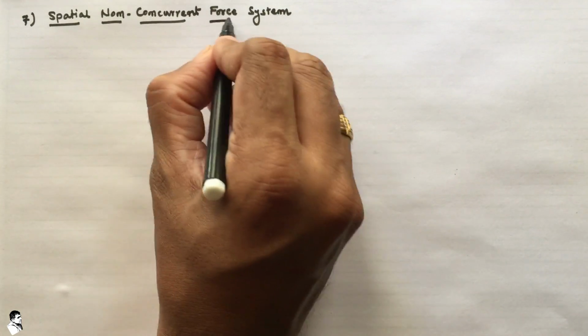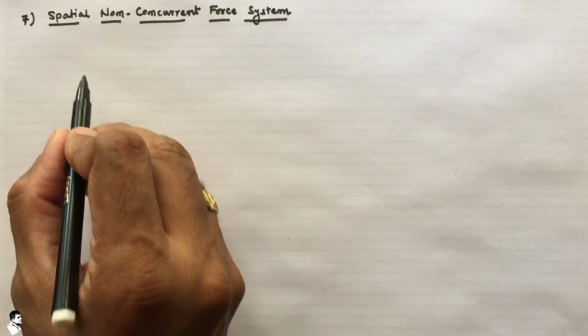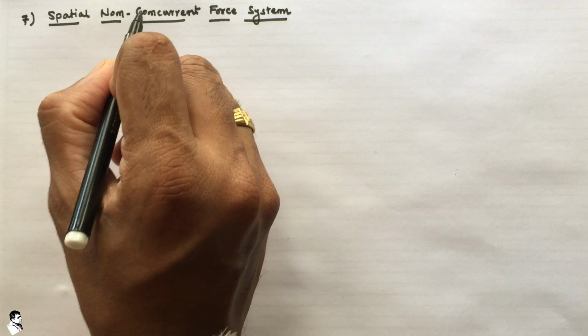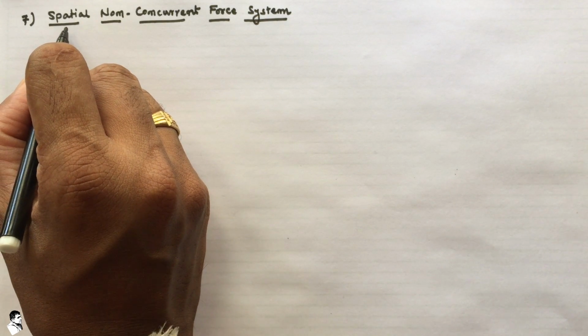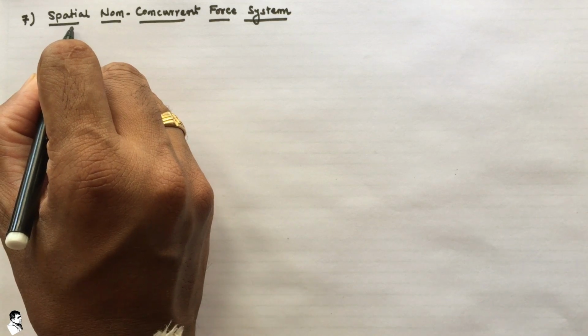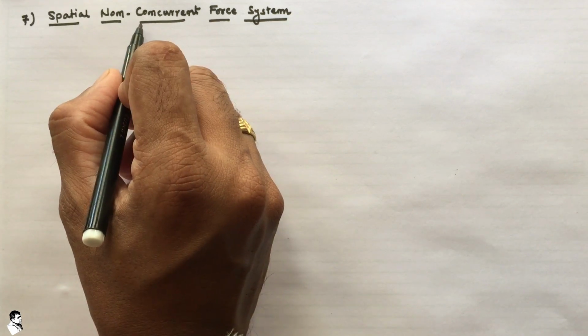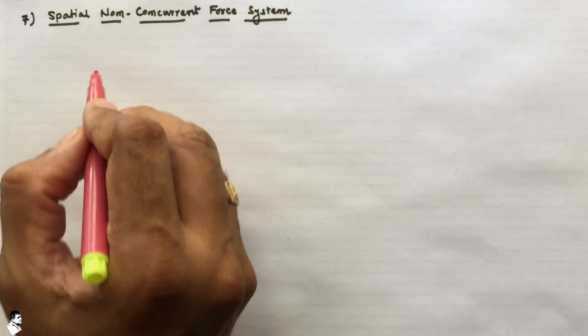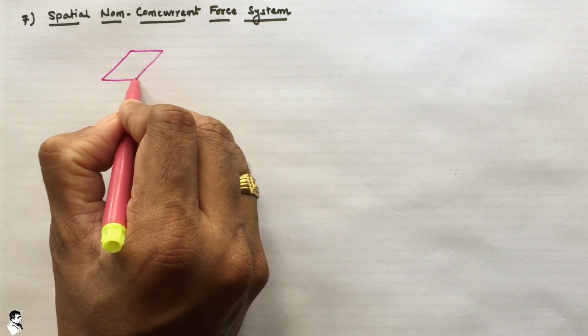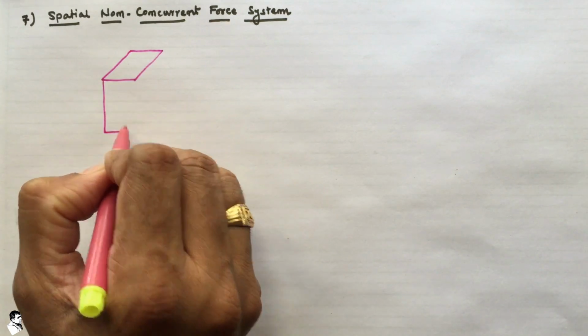So now in this system, comparing to the previous system, that is spatial concurrent force system. Now here spatial, that means the forces acting in a different plane, but non-concurrent, that means they are not meeting at a same point.